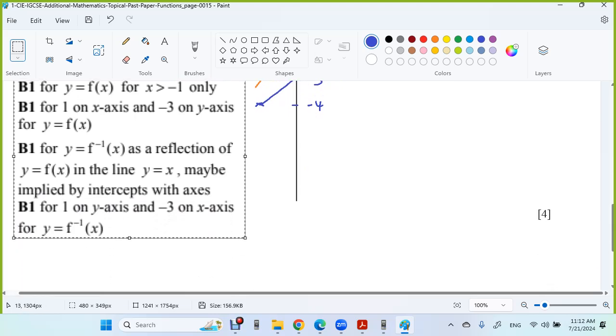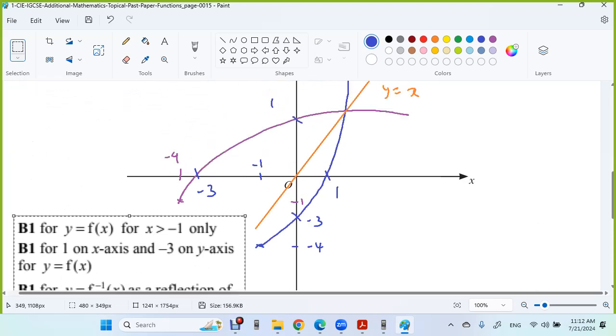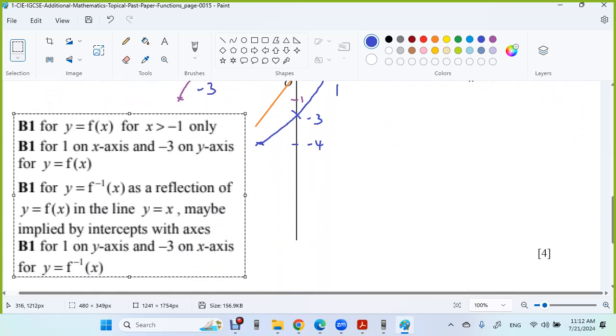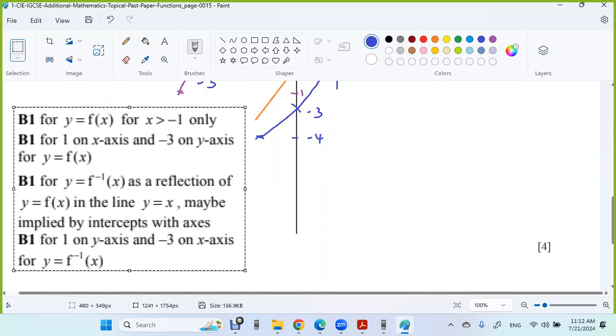And B1 for 1 on the y-axis and -3 on the x-axis for the f inverse. So this is how the marks are given.